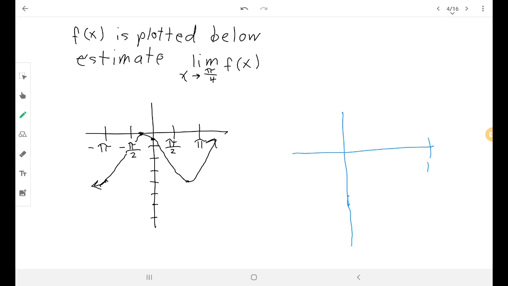Okay, we're going to put pi over 2 right there. And we're going to put, let's say, -1 there. We'll put -2 down at the bottom here.